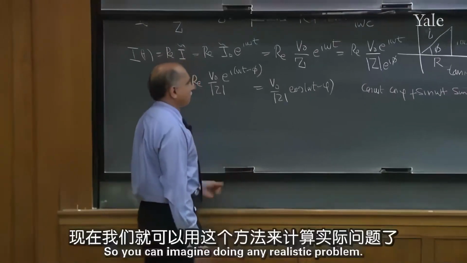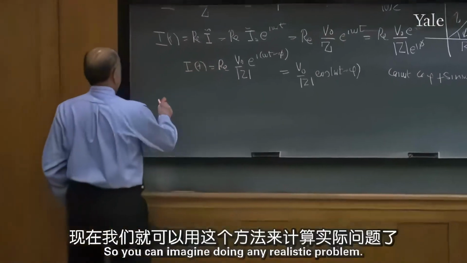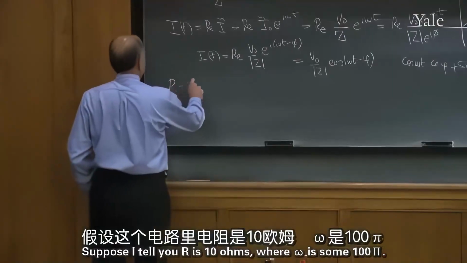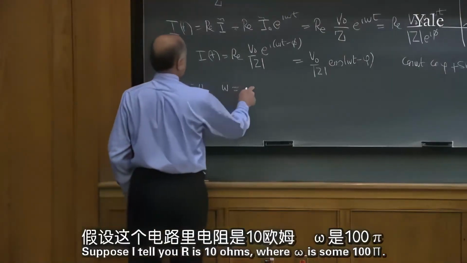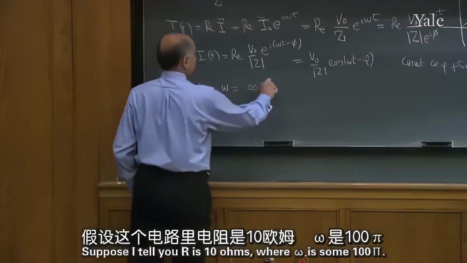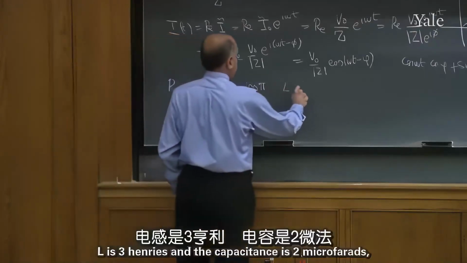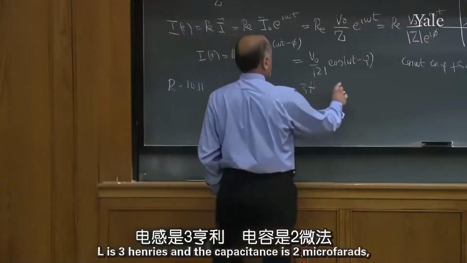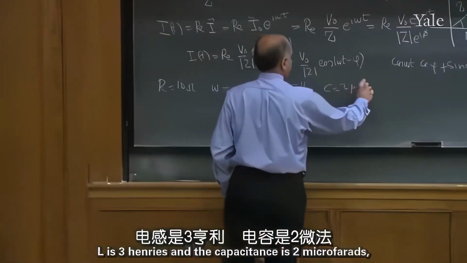So you can imagine doing any realistic problem. Suppose I tell you R is 10 ohms, omega is some 100 pi, L is 3 henries, and the capacitance is 2 microfarads.